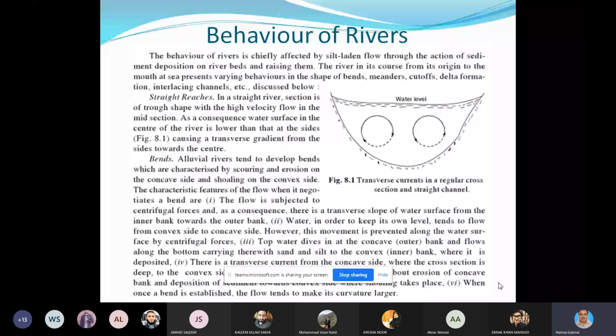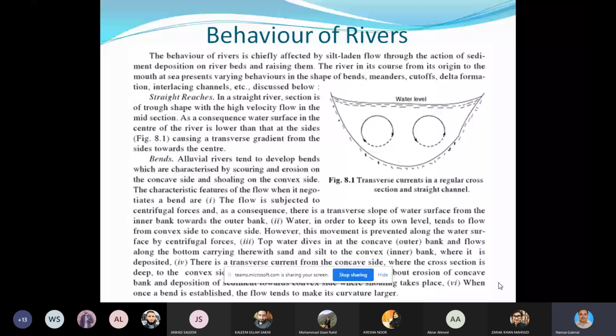So first, coming to the straight reach, it is very rare that a river flows in a straight reach. Usually, it will follow a sinuous path. If you observe a river flowing straight in a river reach and look at its section, you will see the section is trough shaped, and the highest velocity occurs in the midsection.